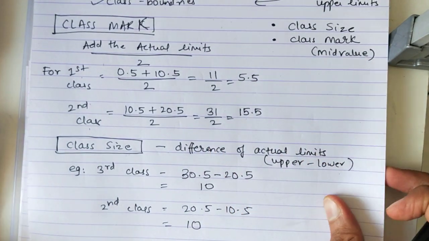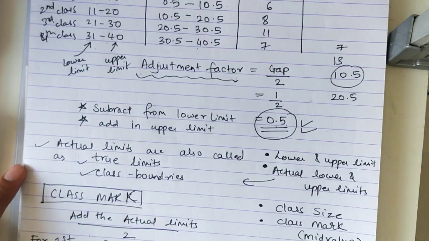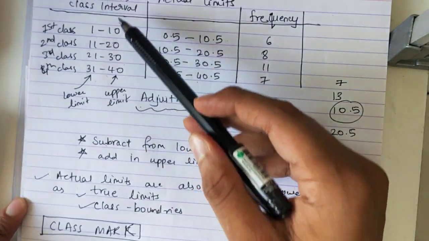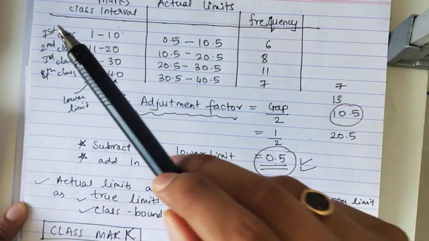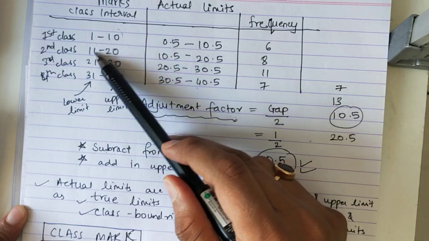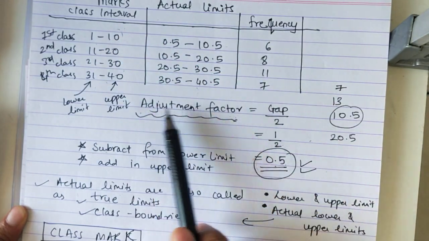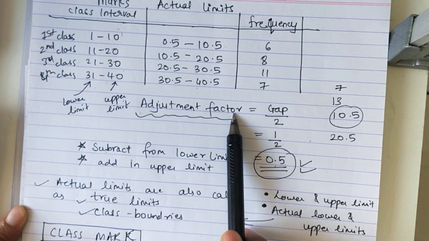So today we studied a few new concepts. The first one was that the limits given in the question are normal lower limit and upper limit, but they are always discontinuous. To make them continuous, we use the adjustment factor.